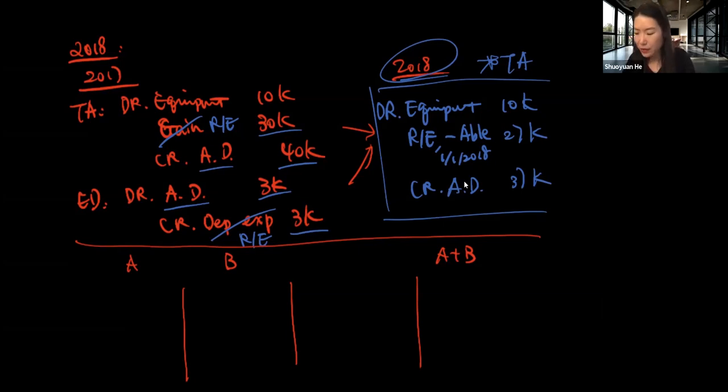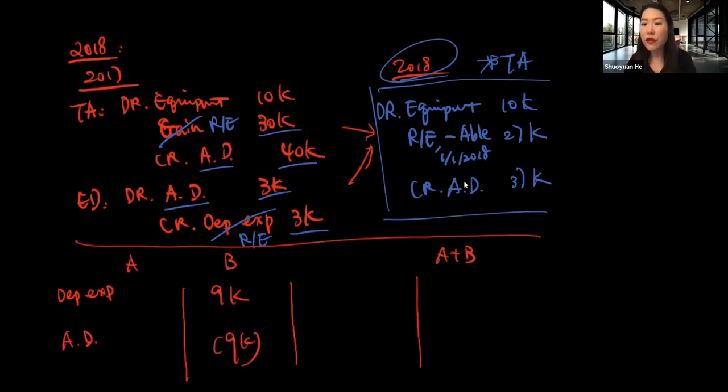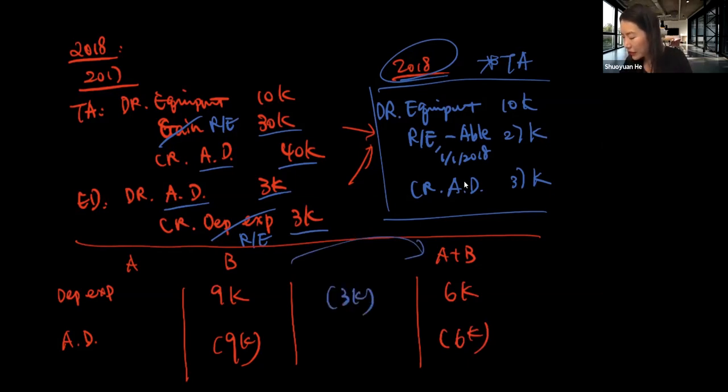So on Baker's book, Baker would record depreciation expense for 9,000 and accumulated depreciation for 9,000. If you view two firms as one firm, the depreciation should be 6,000 and accumulated depreciation should be 6,000. So to adjust it back, we need to decrease depreciation expense by 3,000 and decrease accumulated depreciation by 3,000.